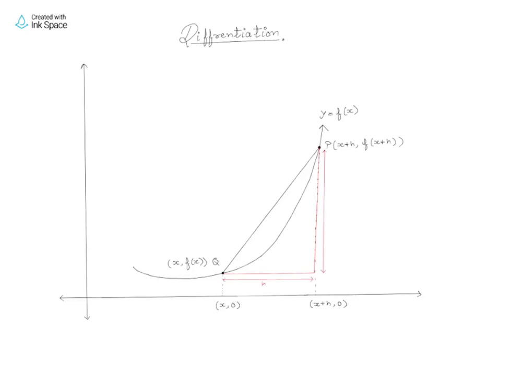So the lengths are h and f(x plus h) minus f(x). Now see here, tan theta will be perpendicular upon base, so we will get the slope of line segment PQ or chord PQ.